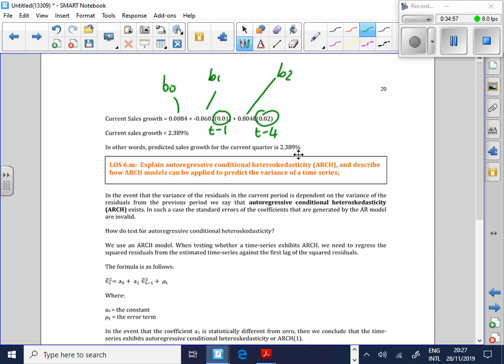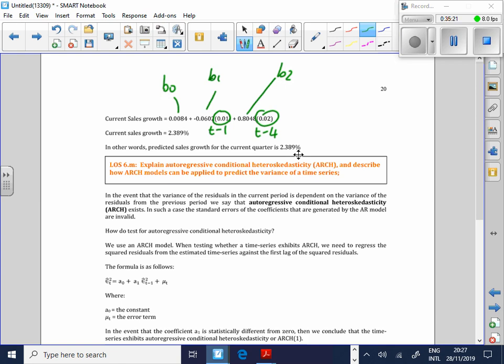Okay, let's end off the last bit over here, guys. Okay, we've dealt with autoregressive models. Now I'm just throwing in one little bit extra. In the event that the variance of the residuals in the current period is dependent on the variance of the residuals from the previous period, what do we say?